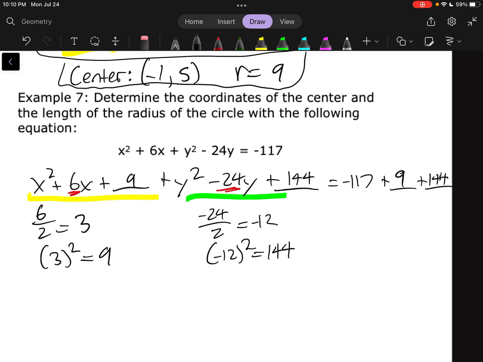So now, like if we were factoring that x squared plus 6x plus 9, what multiplies to make 9 and adds to make 6? It's 3 and 3, so it's x plus 3 squared. That's what the yellow section turned into. The green part, multiply to make 144, add to make -24. That's -12 and -12.